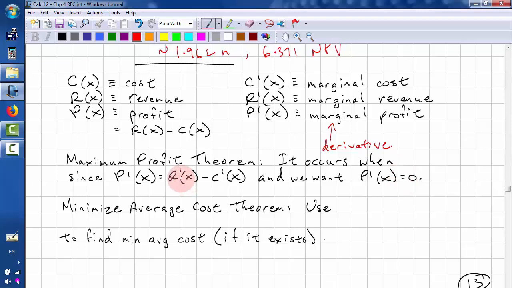So we have R prime of x minus C prime of x. The other one is when R prime of x equals C prime of x. And we still need to do derivative tests to show that it's a max.